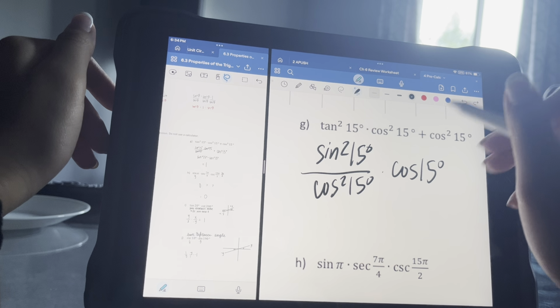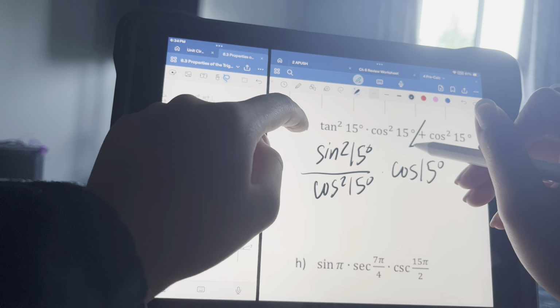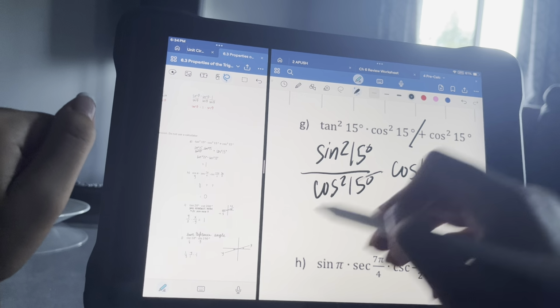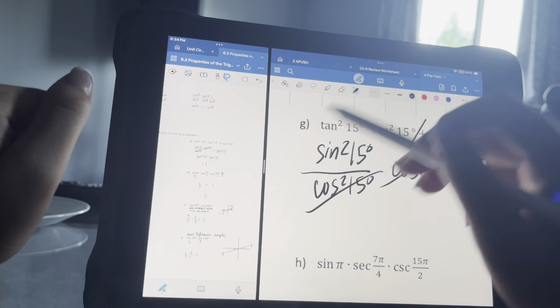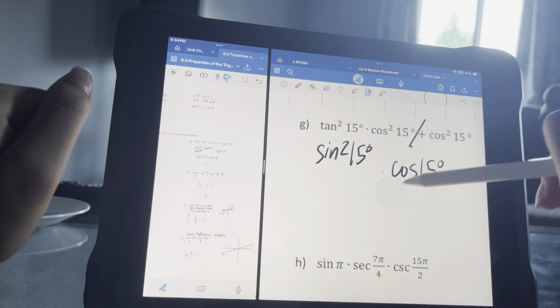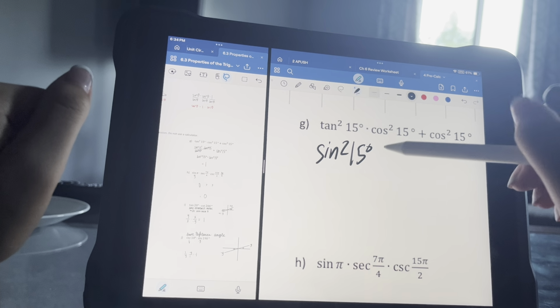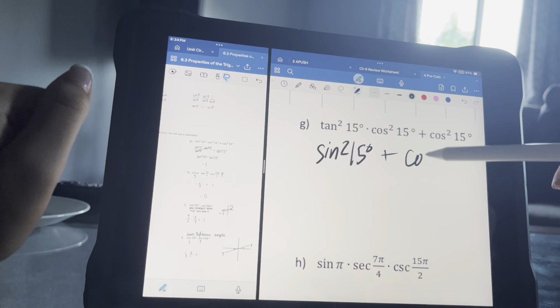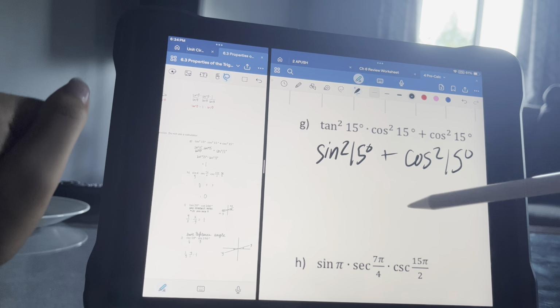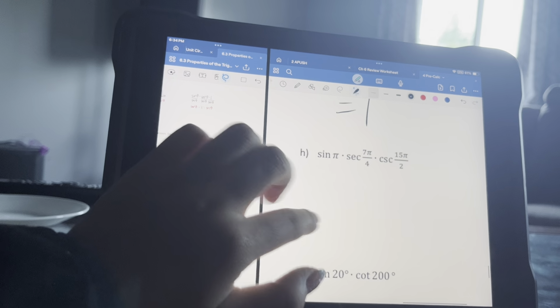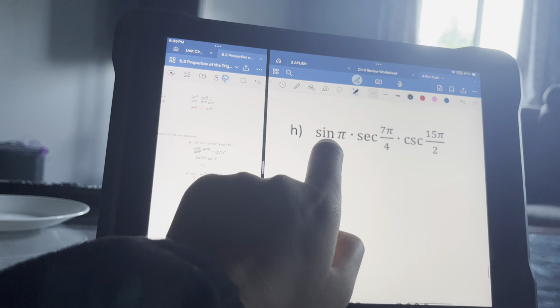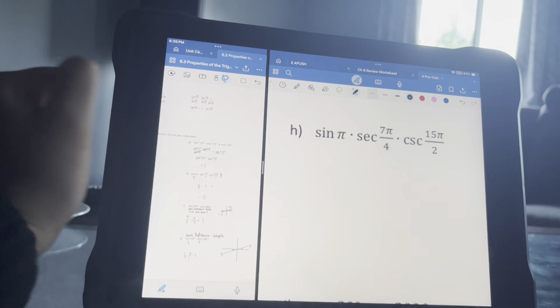Wow, those cancel, so we're left with just sine squared of 15 degrees. And we're gonna add that with cosine squared 15 degrees. That's one of our properties. It equals 1.